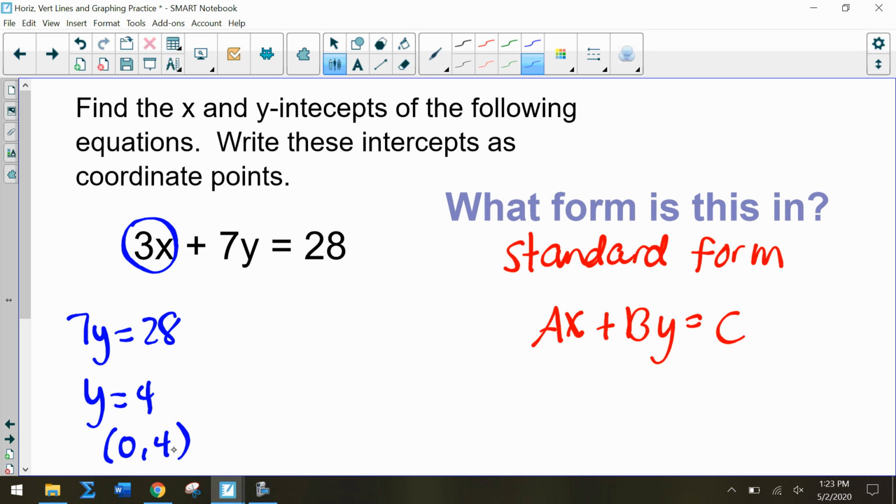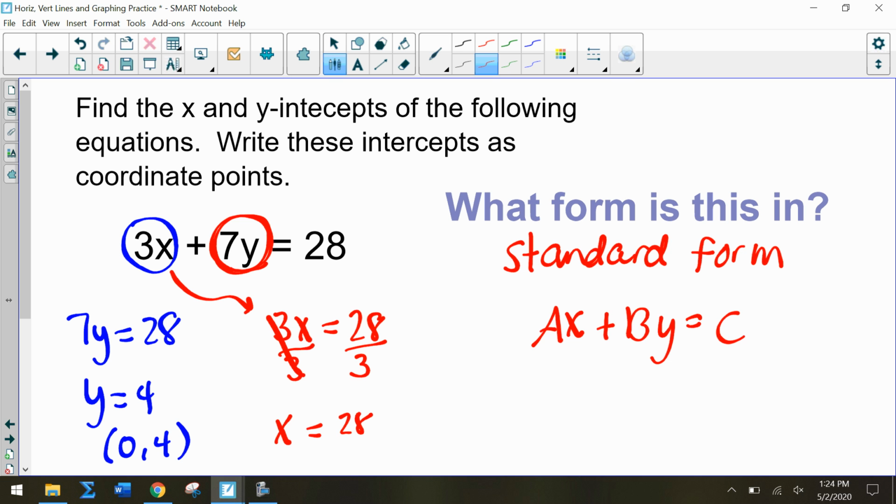And then if I set my y equal to 0, I can find my x-intercept easily. So standard form is great because we can find our intercepts easily.